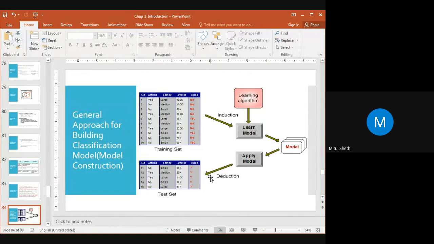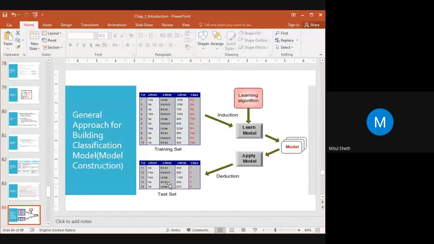Now I am providing the test data. What is test data? In the test data, we don't have a class label, because I don't know whether tomorrow a cricket match is possible or not. I can play the cricket match or not. So this data is known as the test data.